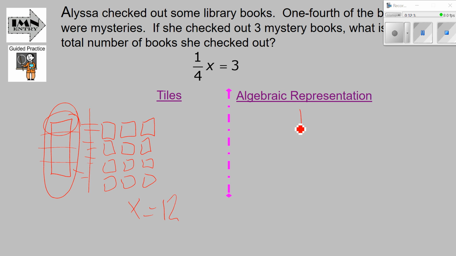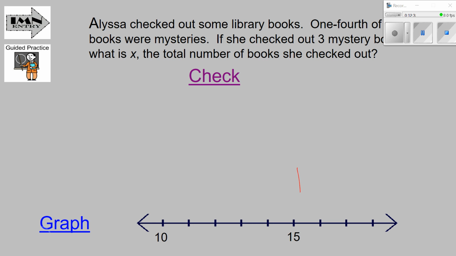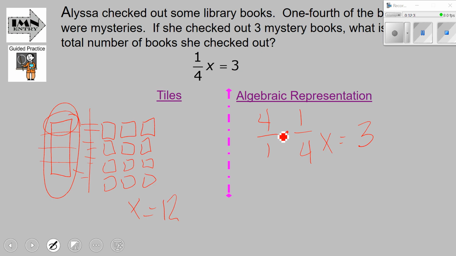So let's look at that mathematically. 1/4 of x equals 3. Well, because this is multiplication, we now know that I can go this way. And 4 times 1 is 4. 1 times 4 is 4.